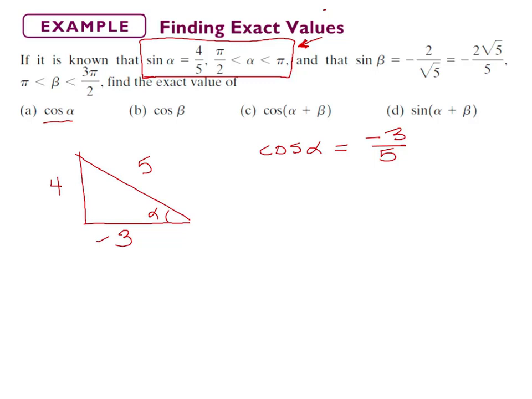So, how do I find cosine of beta? Make a triangle. Okay, so we'll make a triangle, and this will be my beta triangle, right? So now what do I do?